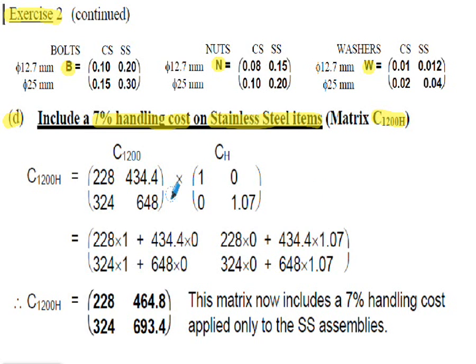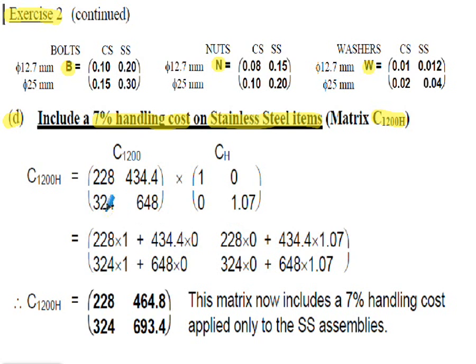If we repeat the procedure now for the second row in matrix C1200 with the first column in the matrix CH, we find we will get this calculation here, second row, first column, which evaluates to 324, and again we can see there's no change in this value from the C1200 matrix because that's a carbon steel item.